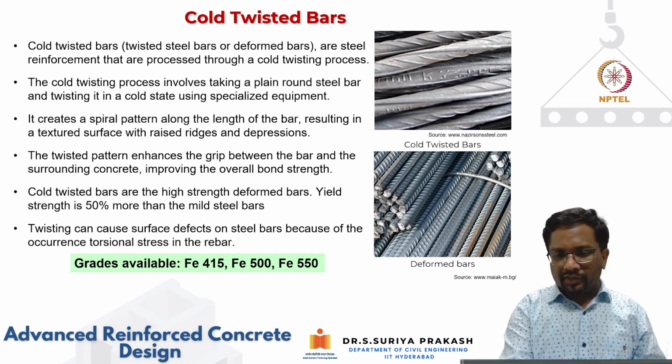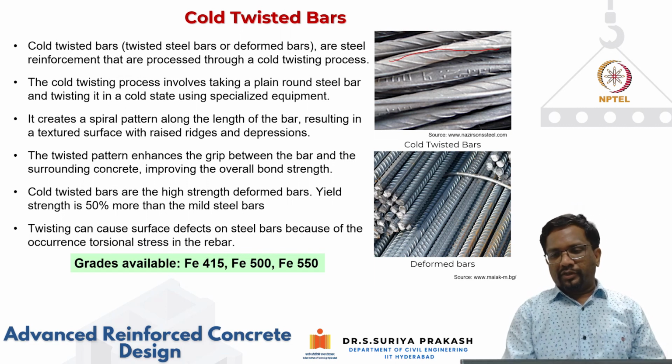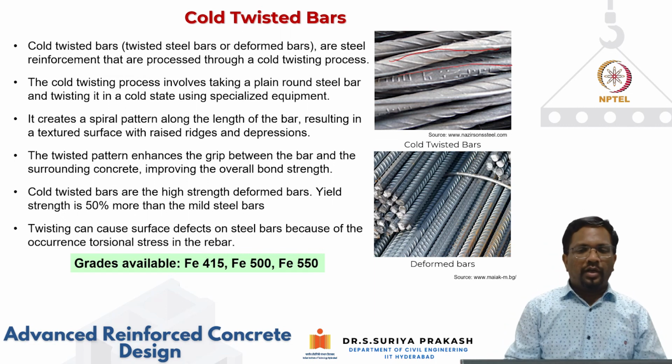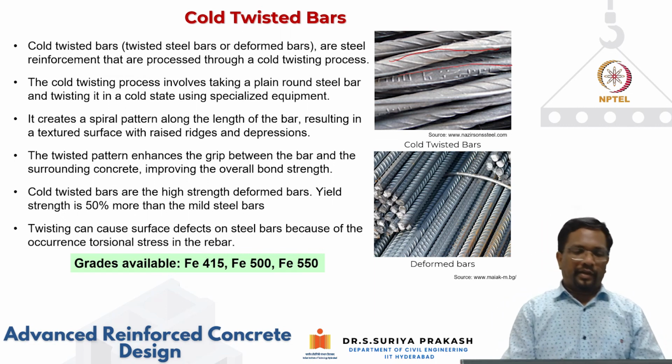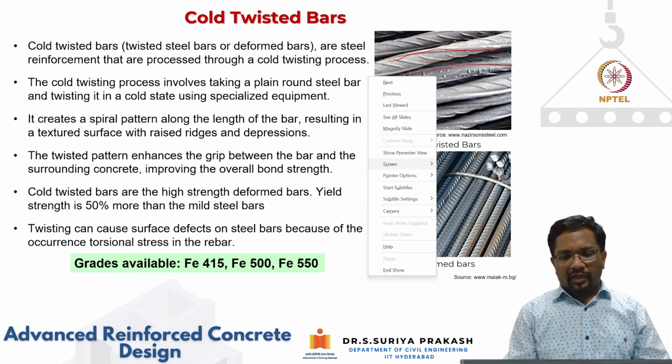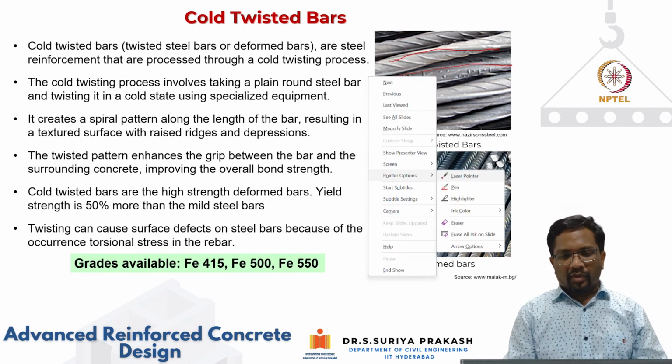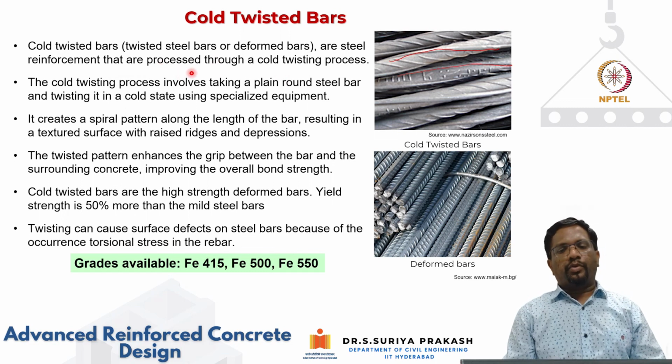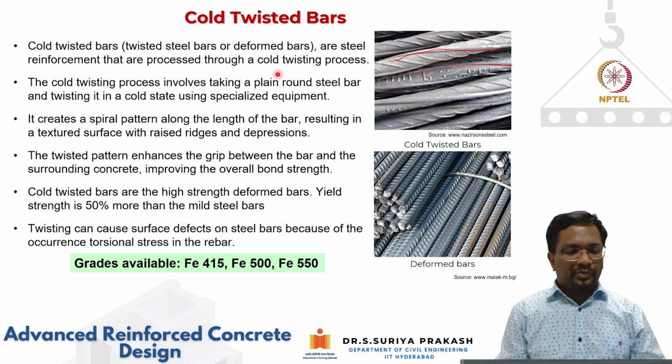You can clearly see this kind of twisting is done to the bar to improve the mechanical properties. These cold twisted bars are steel reinforcement processed through something called the cold twisting process.